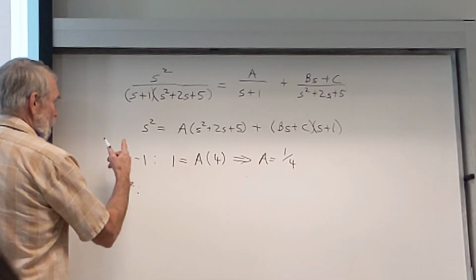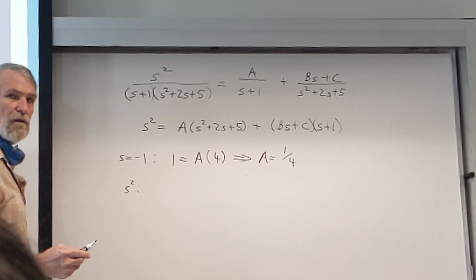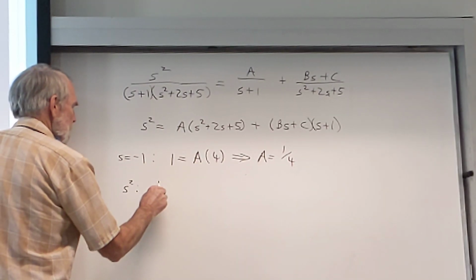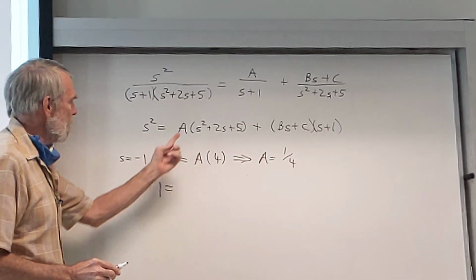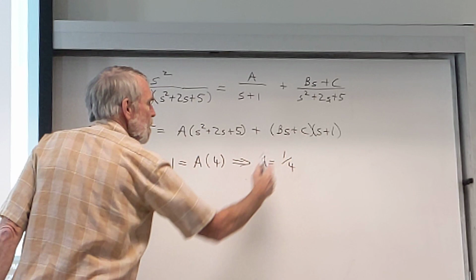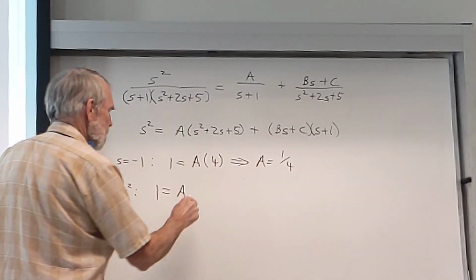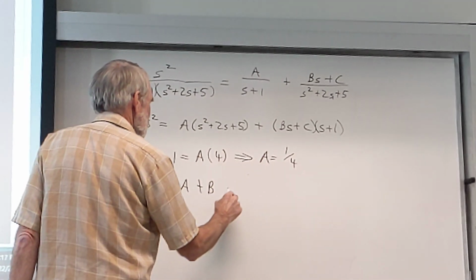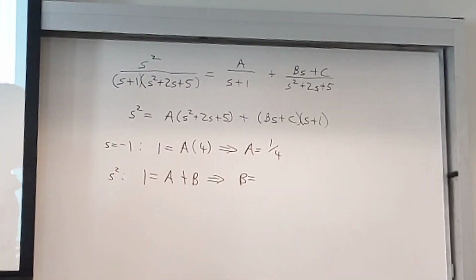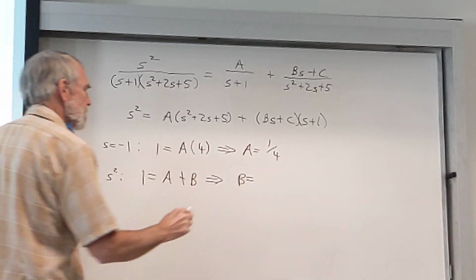On the left-hand side, we've got 1, right? On the right-hand side, we've got an A and a B. So what does that tell us about B? 3/4. It's 3/4.